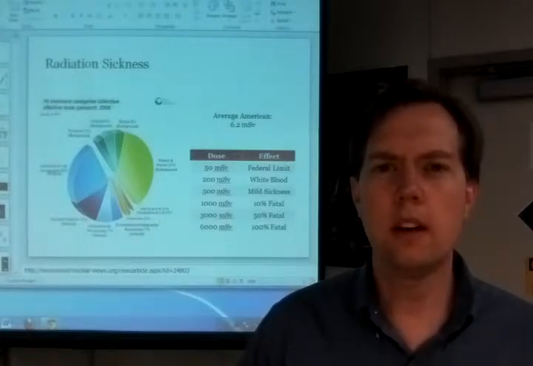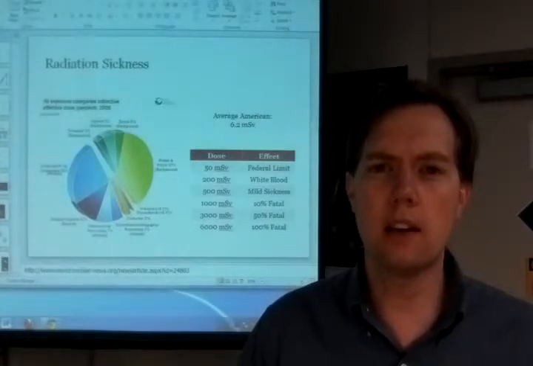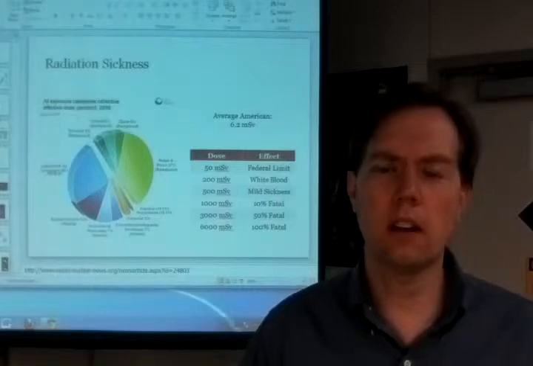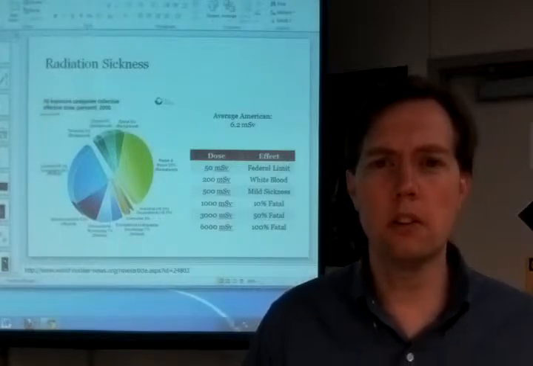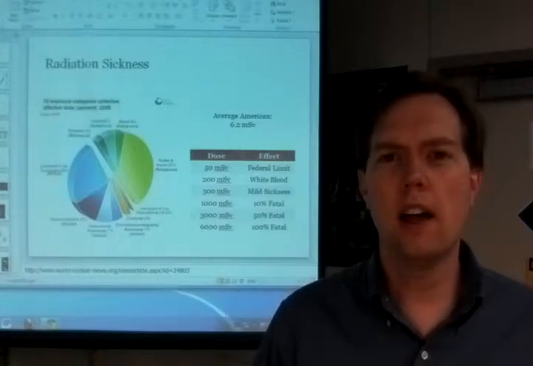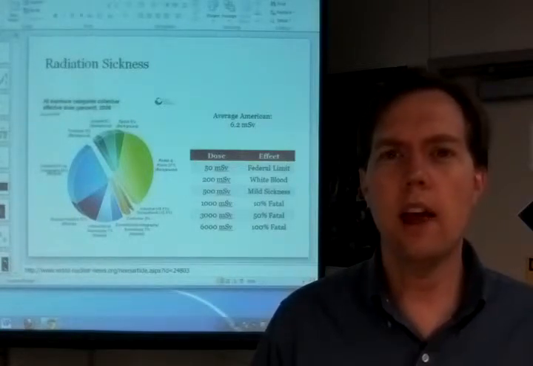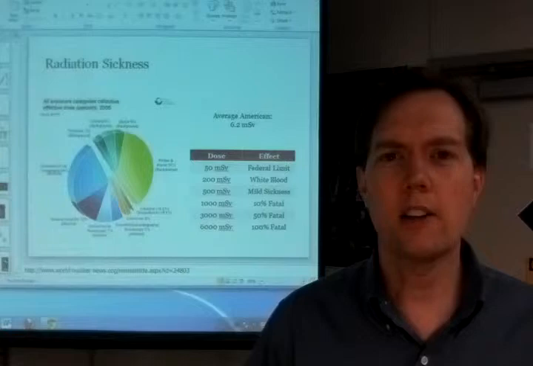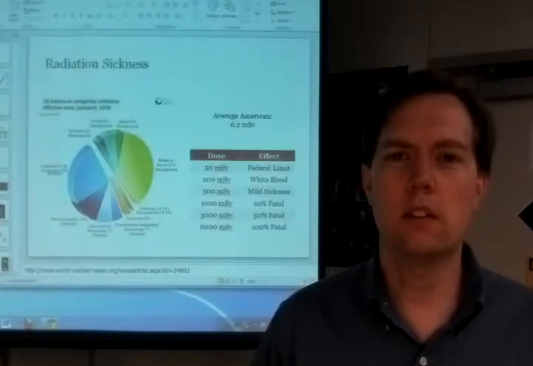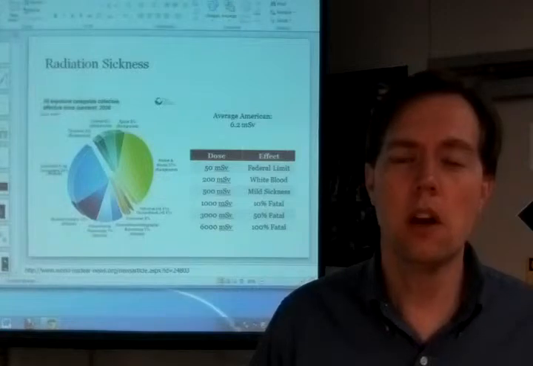We call these types of radiation ionizing radiation to distinguish it from other forms of radiation, like the microwave oven, for example, which is also radiating electromagnetic energy, but that energy level is not the right energy to actually interact with the atoms and basically start to destroy some of the chemistry going on there.